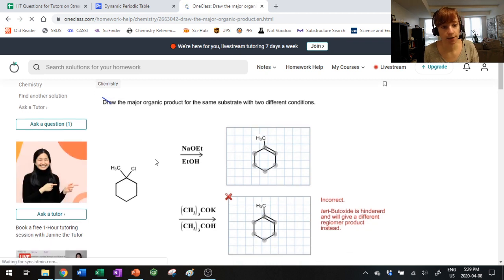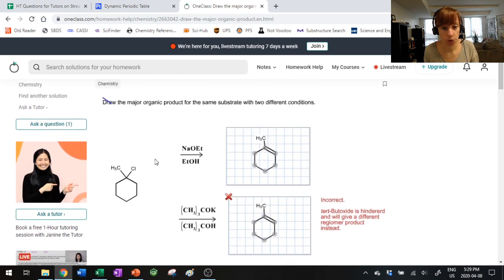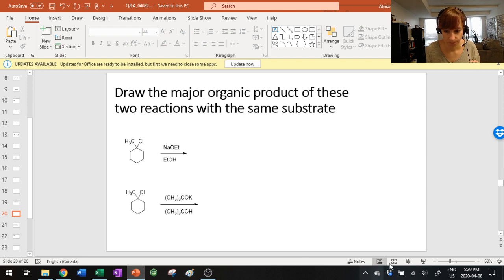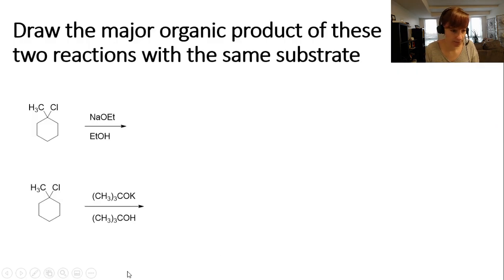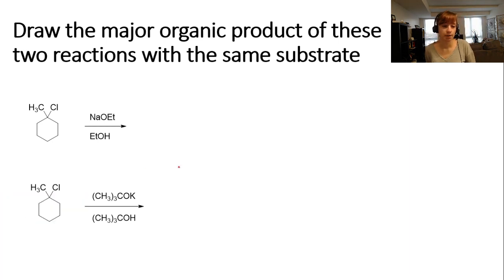Okay, so it says draw the major organic product for the same substrate with two different conditions. So I drew out the same substrate twice, just so that I could draw out the answer a little bit more clearly, but under two different sets of reaction conditions. So the differences here are in the reactants.